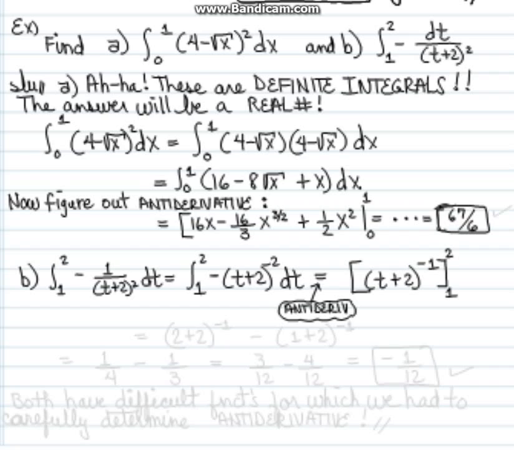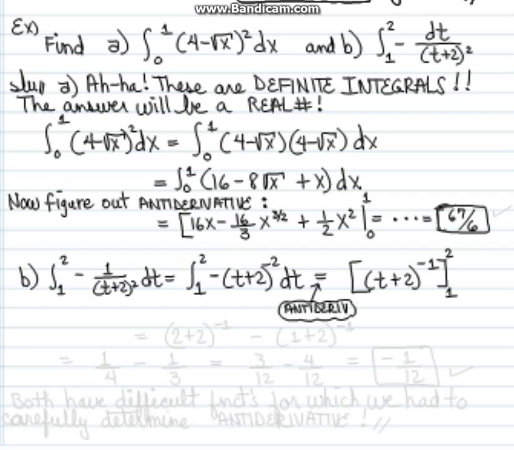Bring the -1 out in front, multiply it by the negative sign that's already out there, and you get a positive (t plus 2) raised to the -2 plus 1, which is -1. So the antiderivative of negative (t plus 2) to the -2 is equal to (t plus 2) to the -1. That's our capital F of t.